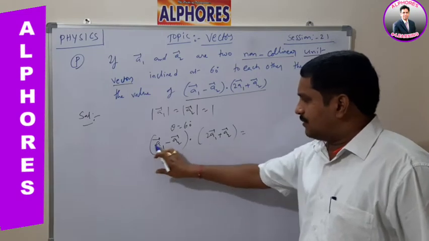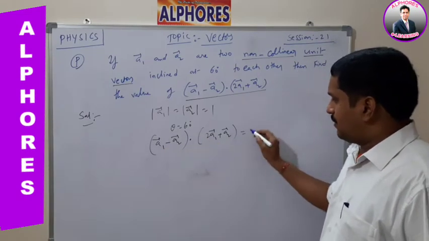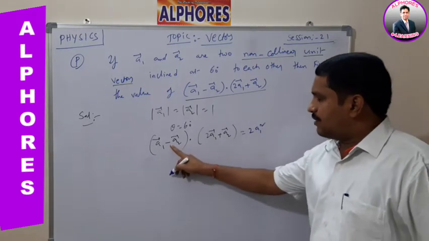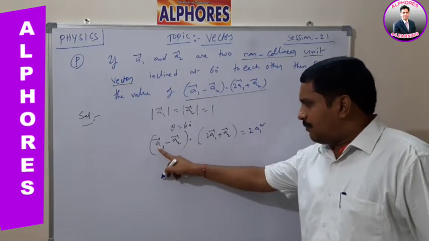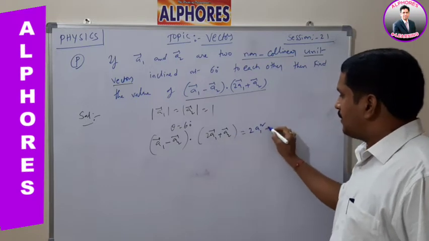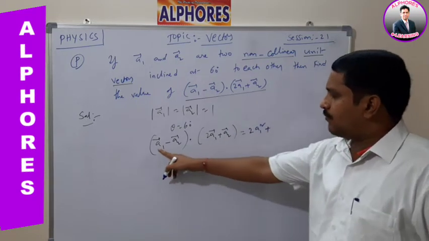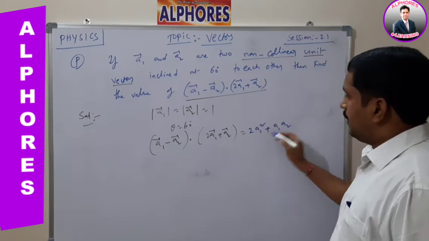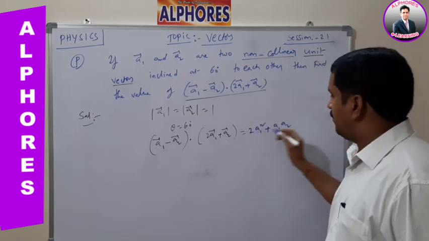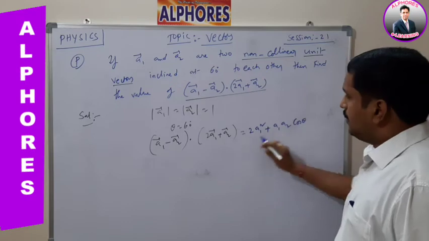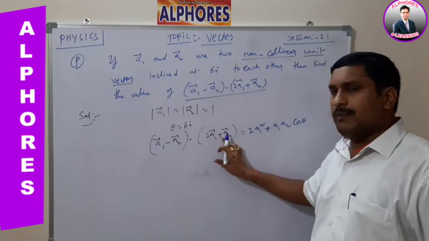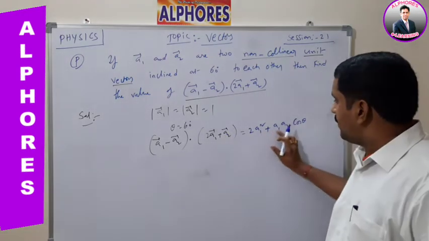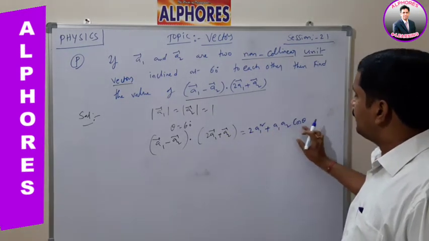By taking the dot product of these two vectors, both are like vectors, so we multiply the coefficients: 2 A1 square. Now multiply A1 bar with A2 bar also, plus, as per the dot product of two different vectors, A1 A2 cos theta. A1 bar dot A2 bar is denoted by magnitude of A1 into magnitude of A2 into cos theta.